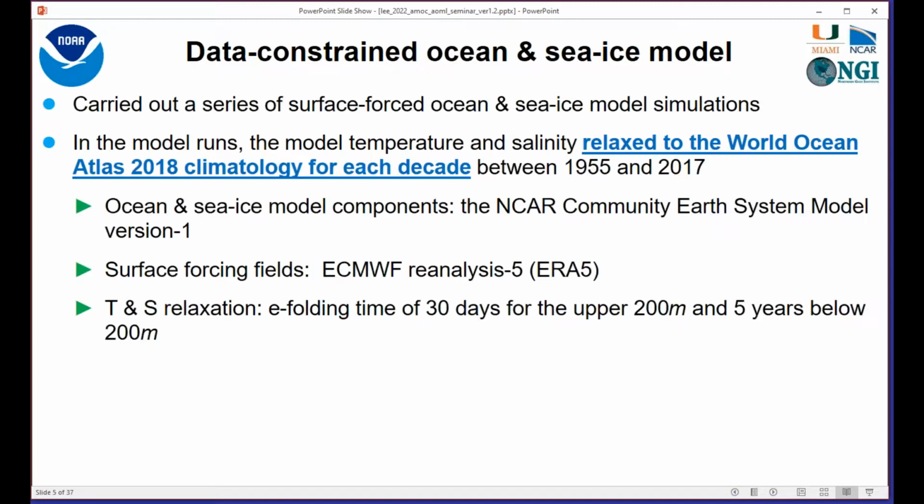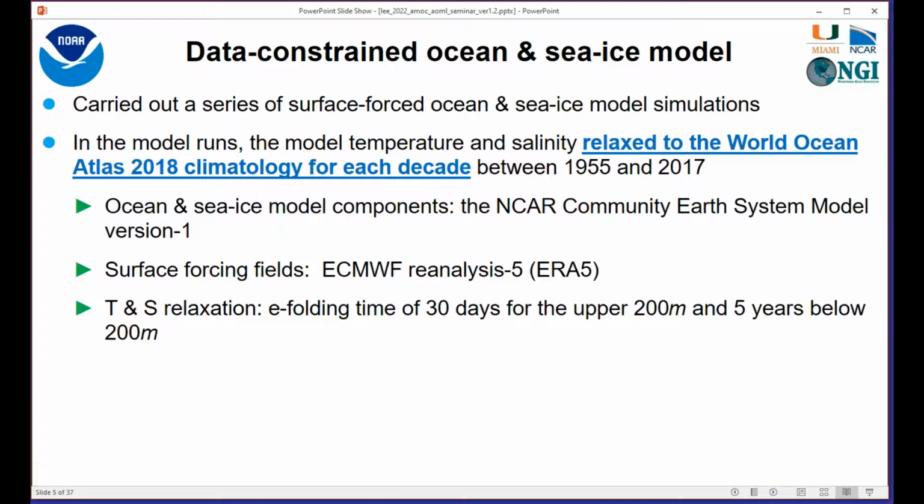So we carried out a series of surface-forced ocean model simulations. In the model run, the model temperature at every time step is strongly relaxed toward the World Ocean Atlas 2018 climatology, temperature and salinity, for each decade. For instance, in one run, we used the World Ocean Atlas climatology from 1955 to 1964.